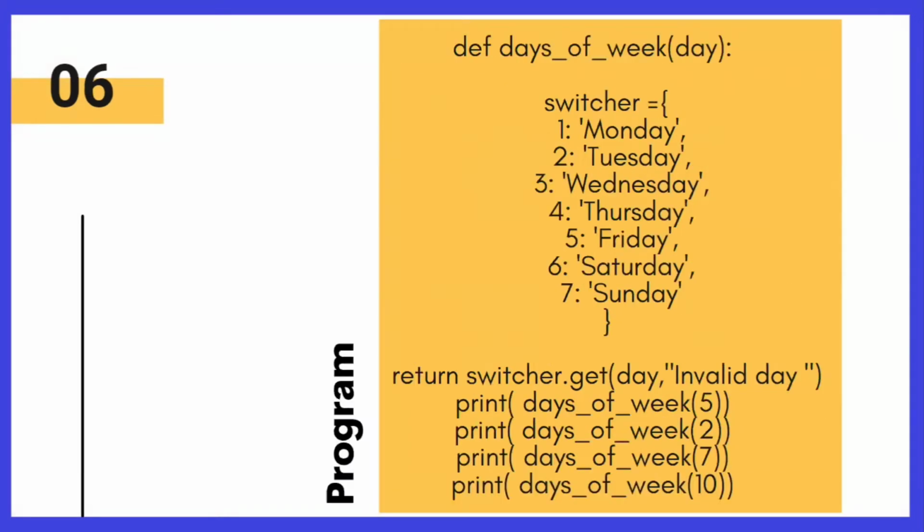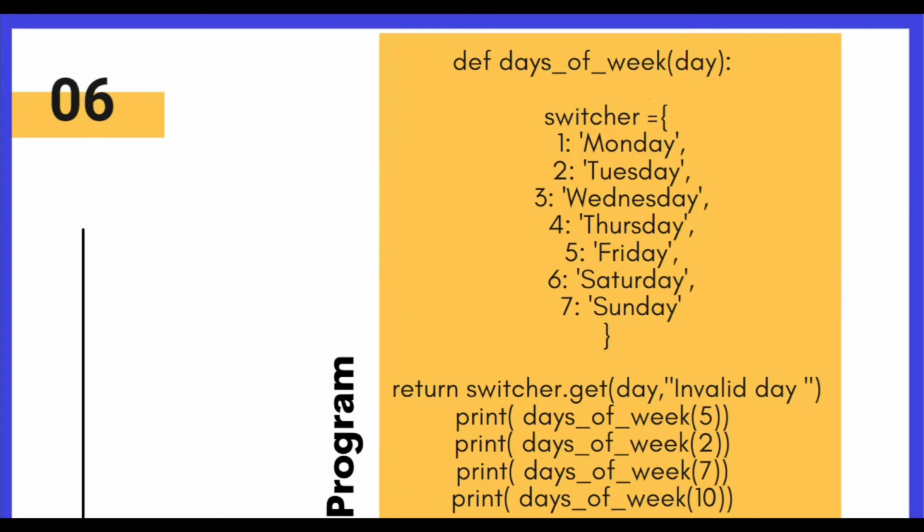So here is a program where we are going to print all the days of the week. Here we are defining a function which is days of week, and in the parameter we are passing a value which is day. We are going to use switcher, which will be a dictionary, and then we are going to define the cases.